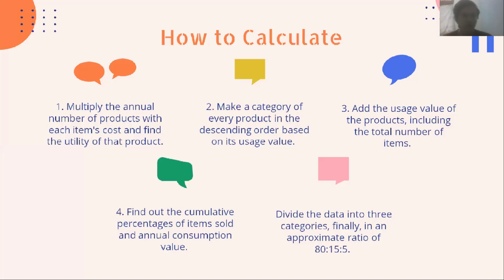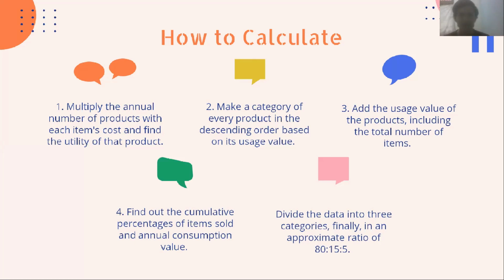Next slide, please. Now, it's about how to calculate the ABC analysis. A stock manager can perform ABC calculations on individual product groups or a wide range of inventory. An ABC calculation is usually carried out in 5 steps, as follows.